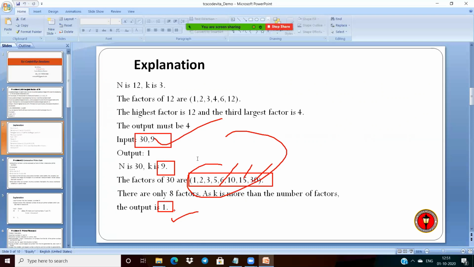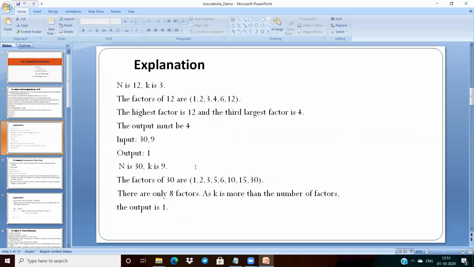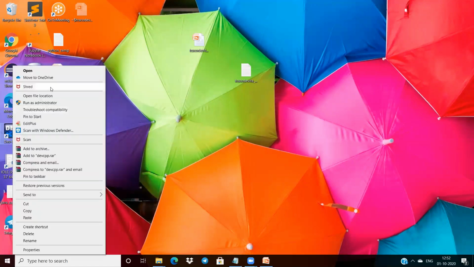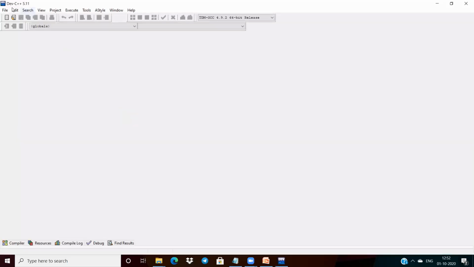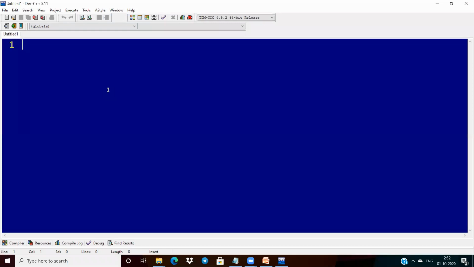Then how do we implement this code? First of all, I'm writing #include <stdio.h>. Next the main section, and after that I'm writing return 0.